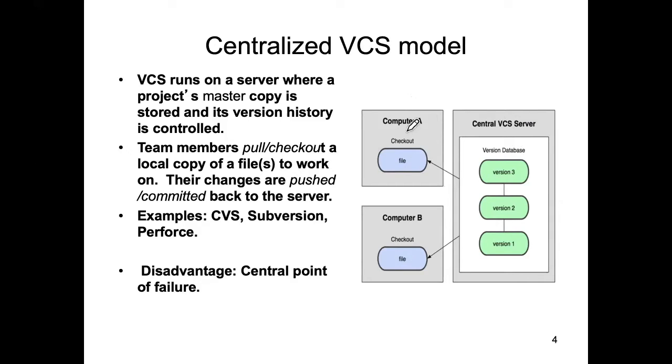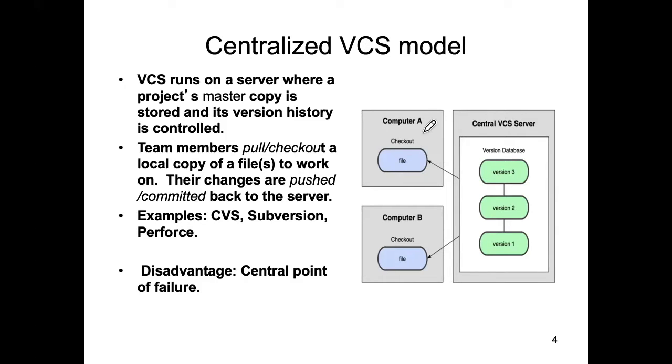And then we as individual programmers, we're working on our local computer. What we can do is ask the server for a copy of a particular file, the most recent copy more than likely, of a particular file or set of files. We can make edits to those files locally here. And the actual source control software, some of it is running on the server and some of it is running on your local machine.